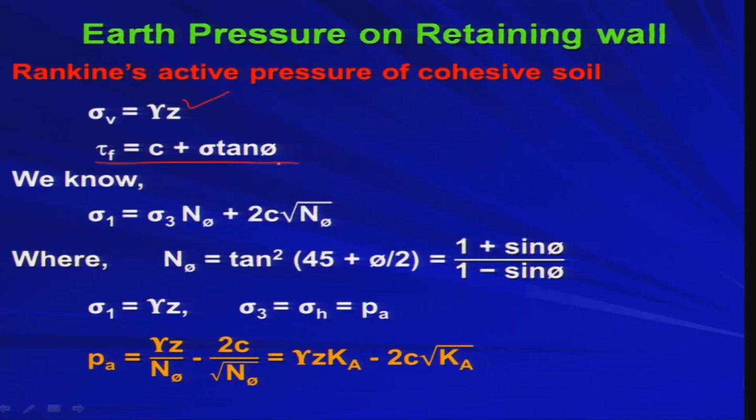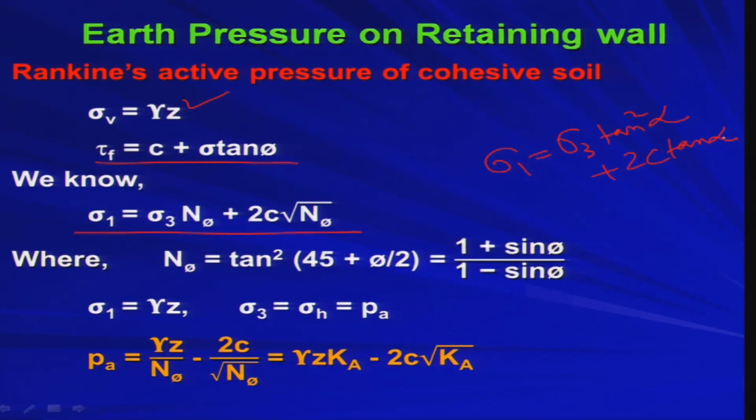Now, we know from our earlier derivation, when we talked about the shear strength of soil, that sigma 1 is equal to sigma 3 tan square alpha plus 2c tan alpha. Instead of tan square alpha, I am writing n phi.